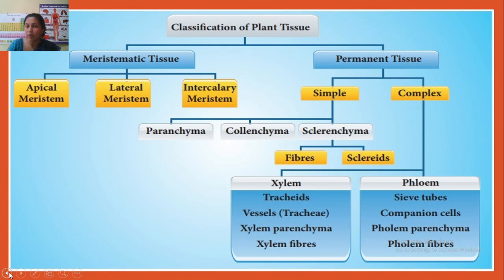Under that we talk about the xylem tissue, which is important in transportation of water and minerals through the plant, and the phloem tissue, which is important in transportation of food throughout the plant. So in the next video we'll talk about the animal tissues.